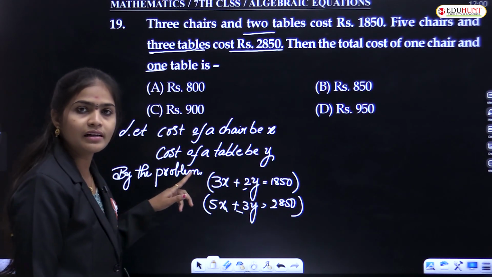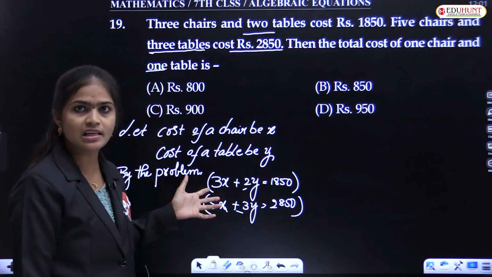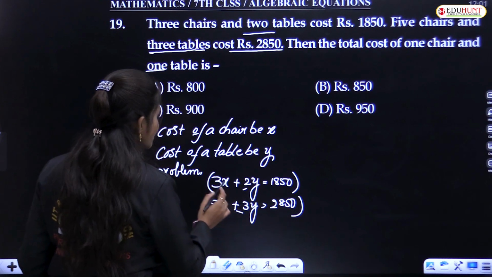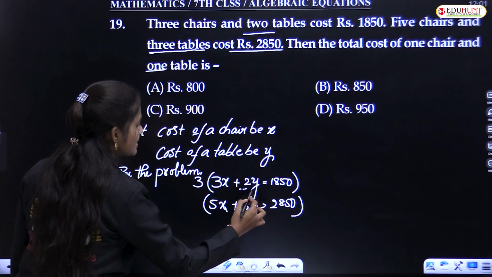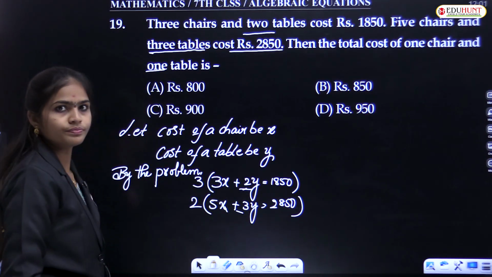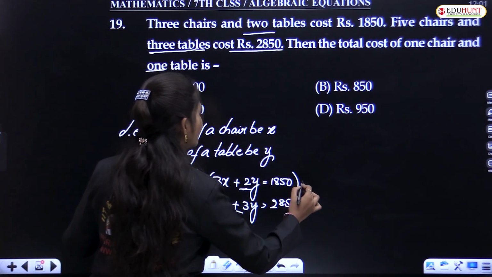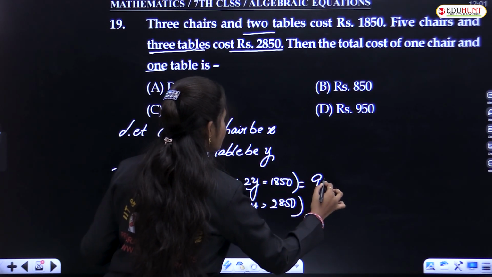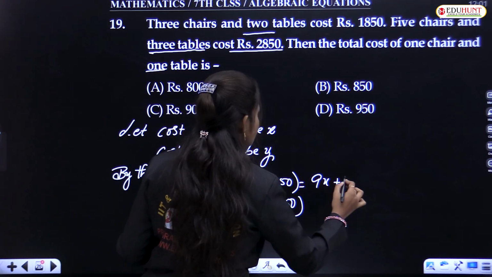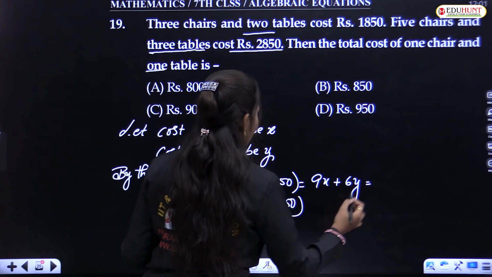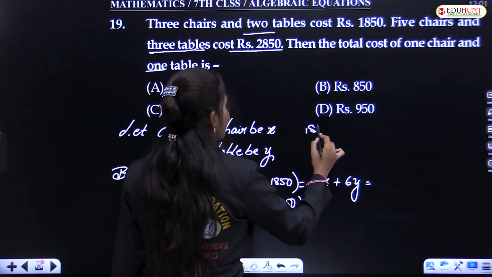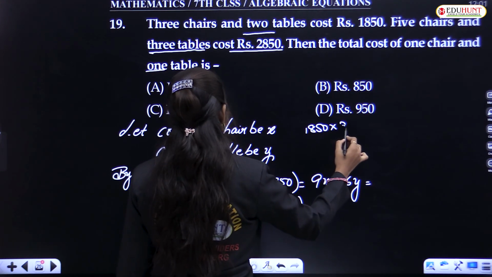We can multiply those two equations with the y coefficients also. So the first one multiply with 3 and the second one multiply with 2. Okay, now what will you get here? 3 times 9, 9x plus 3 times 2, 6y, which is equal to 1850 into 3.